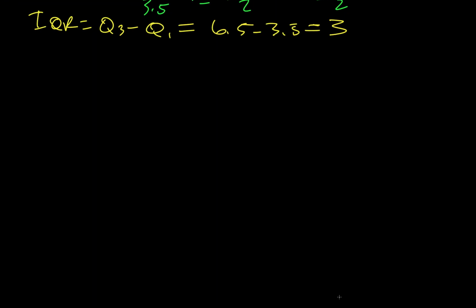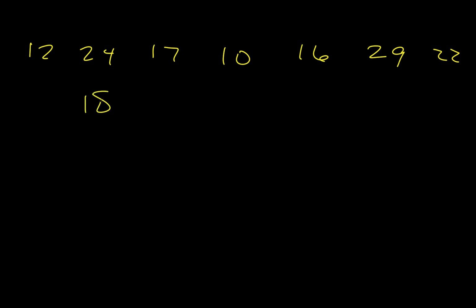Moving on to the next example, example 7. We're given 12, 24, 17, 10, 16, 29, 22, 18, 32, 20. We need to find the median first.